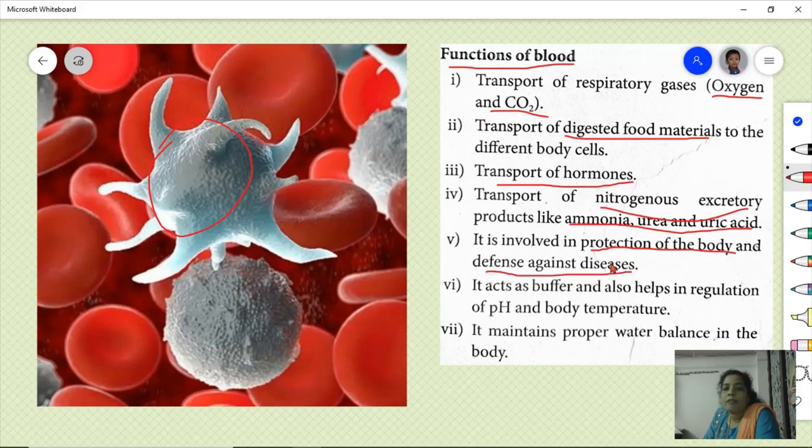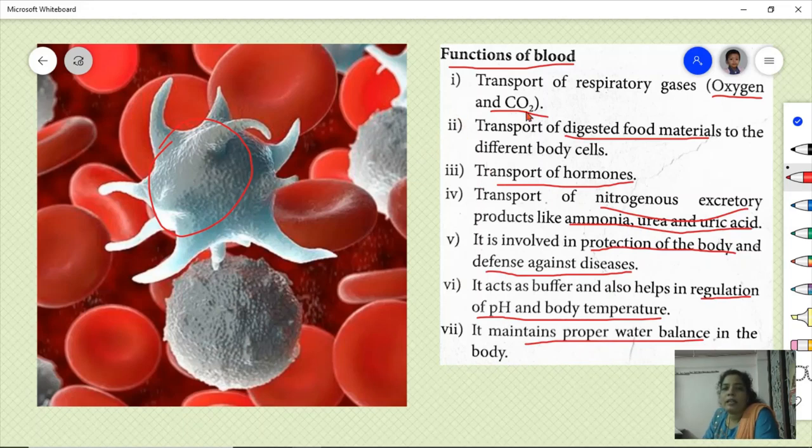The sixth one is that it acts as a buffer and helps in the regulation of pH and body temperature. The last one is that it maintains proper water balance in the body. So these are the functions of blood.